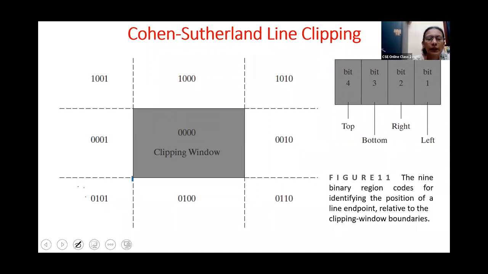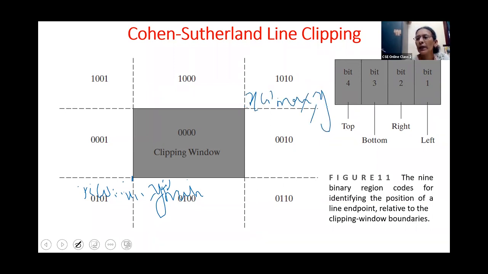This would be XW min, YW min, and this is XW max, YW max. Now given this and the coordinates of a point X comma Y, how will you know the region code?